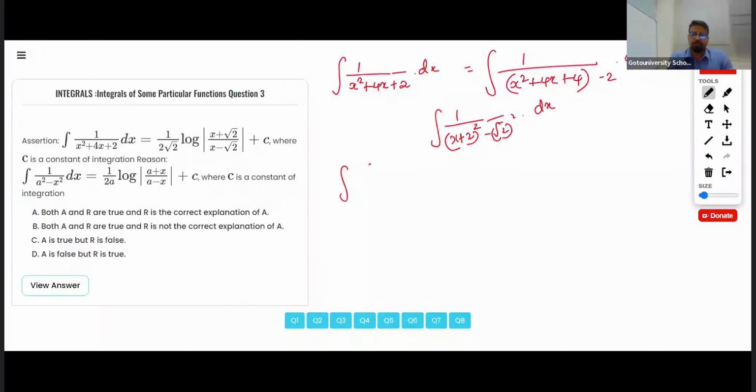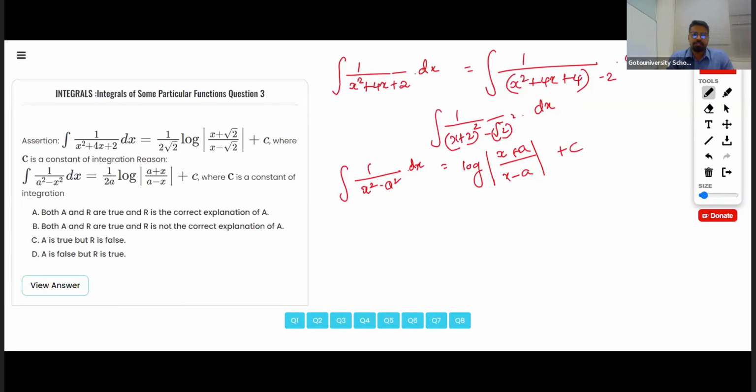This is of the form 1 by x square minus a square dx, which is actually the logarithm of what? 1 by 2a log of x minus a by x plus a plus c, right? So it is of this form.